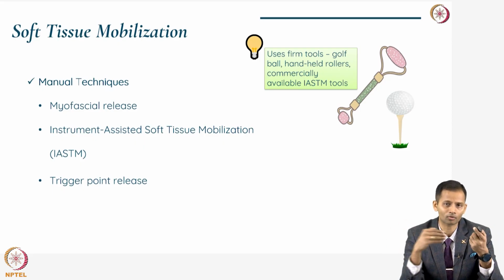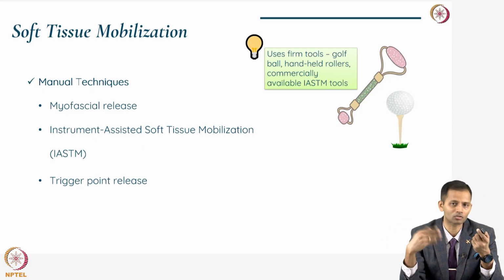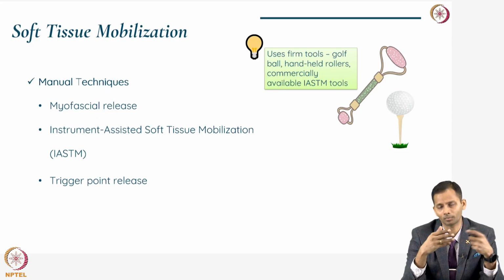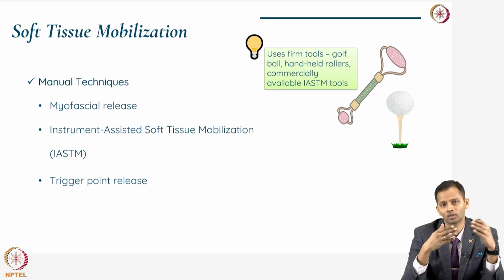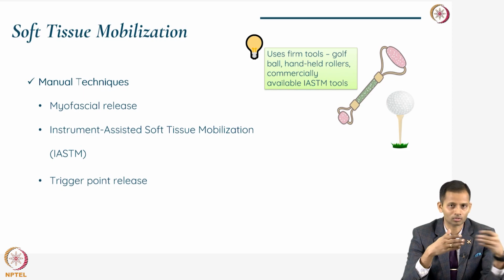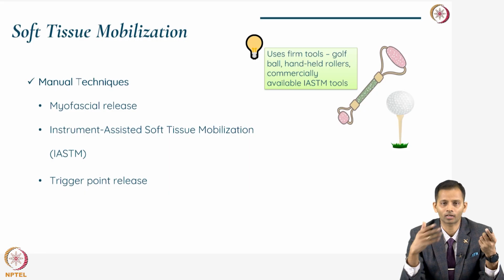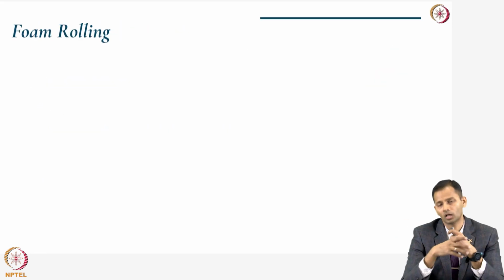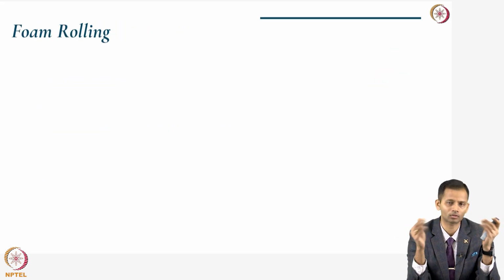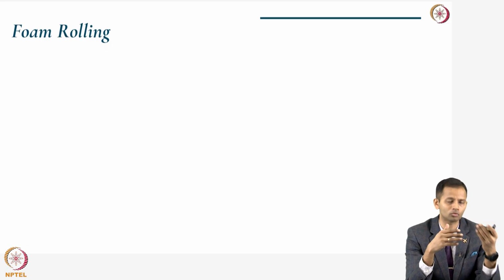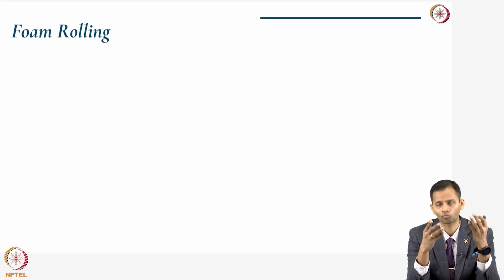So this helps in achieving better joint mobilization by means of mobilizing the tight soft tissue which is adherent onto the muscle. So that is how it can help in joint mobilization. Another commonly used technique for enhancing soft tissue mobilization is foam rolling.